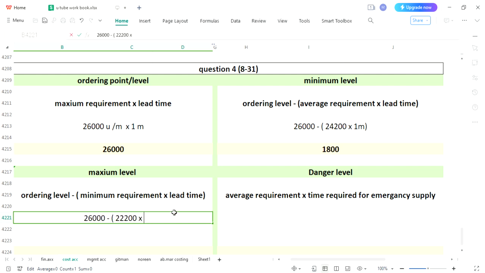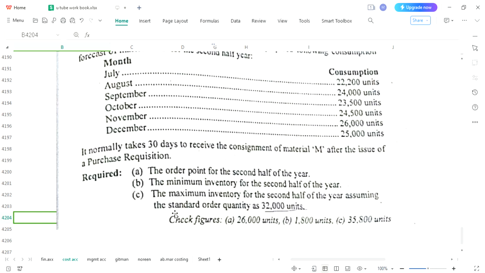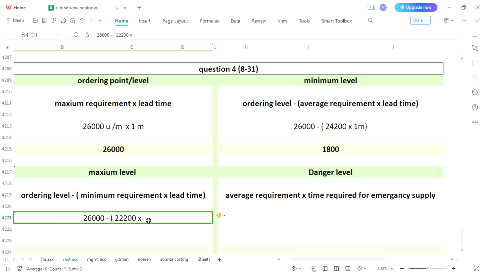Again, there is only one time given in the question, and that is in days, and obviously we do not need time in days. This minimum requirement is also for a single month. We need to put the time in months as well. So finally, instead of 30 days, we will put 1 month.